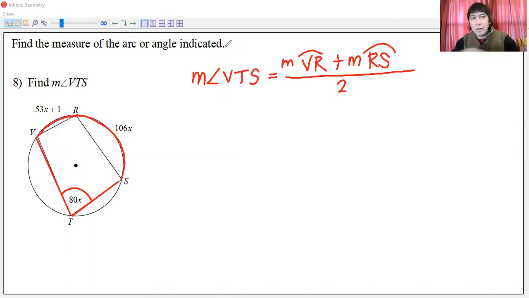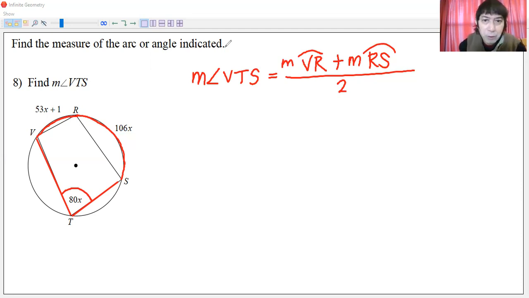Those two arcs added together will be the one piece arc that we need, and then we divide that by 2. That'll be the measure of the inscribed angle VTS. So this is our working formula.